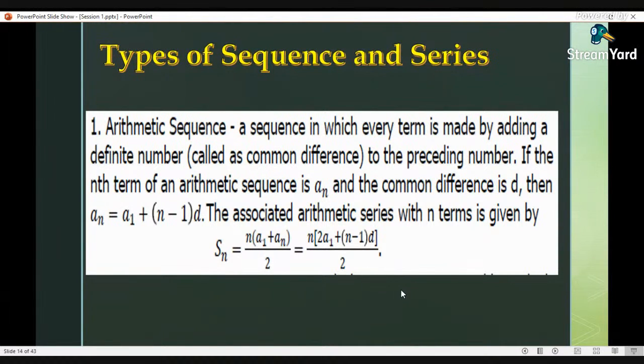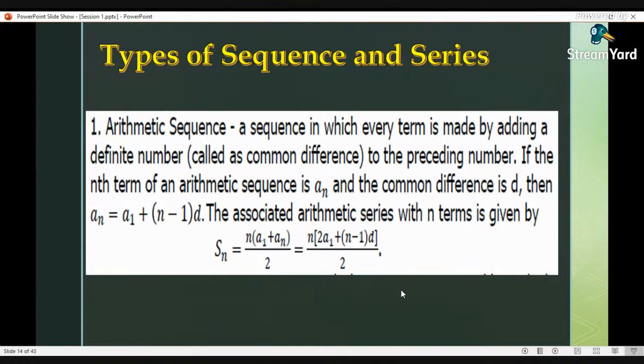An arithmetic sequence is a sequence in which every term is made by adding a definite number called the common difference to the preceding number. It means that there will be a constant common difference that must be added to the number, and the next number will be the sum of the common difference and the preceding number.